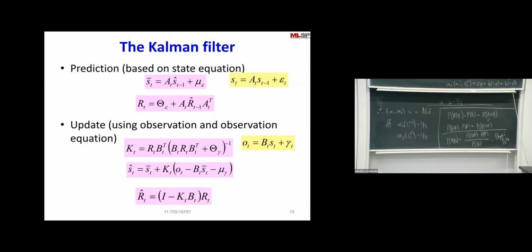And you're going to correct your state by a scaled version of the error in the observation. And because now you have made a correction, your uncertainty in the state has gone down, right? If it was R_t before you made the observation, after you made the observation, you shrank it by multiplying it by a factor I minus AB, right?